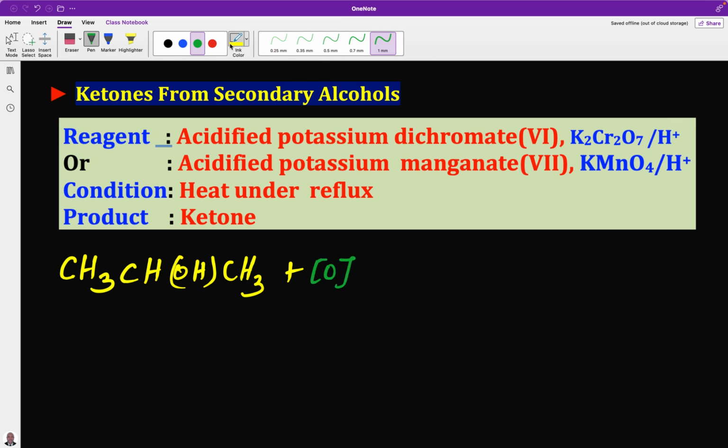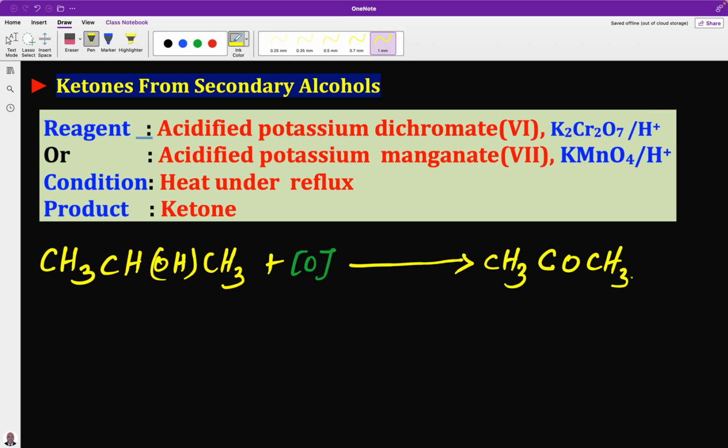Oxidation is taking place to give CH3COCH3 and a molecule of water that is always eliminated.